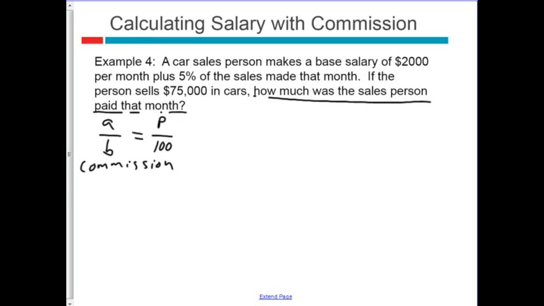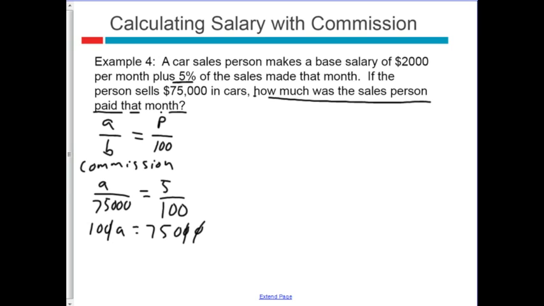So I have the amount of the commission is based on $75,000 in sales, and that equals percent P. In this case, P is simply the 5% over 100. So when I solve that, 100A equals 75,000. Cross up that 0 with that one, that 0 with that one. I get A equals 700.